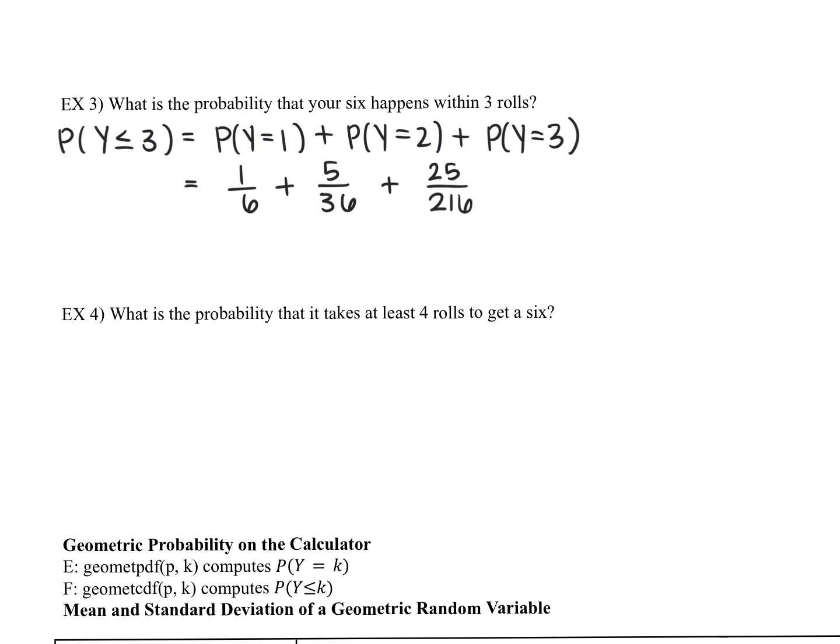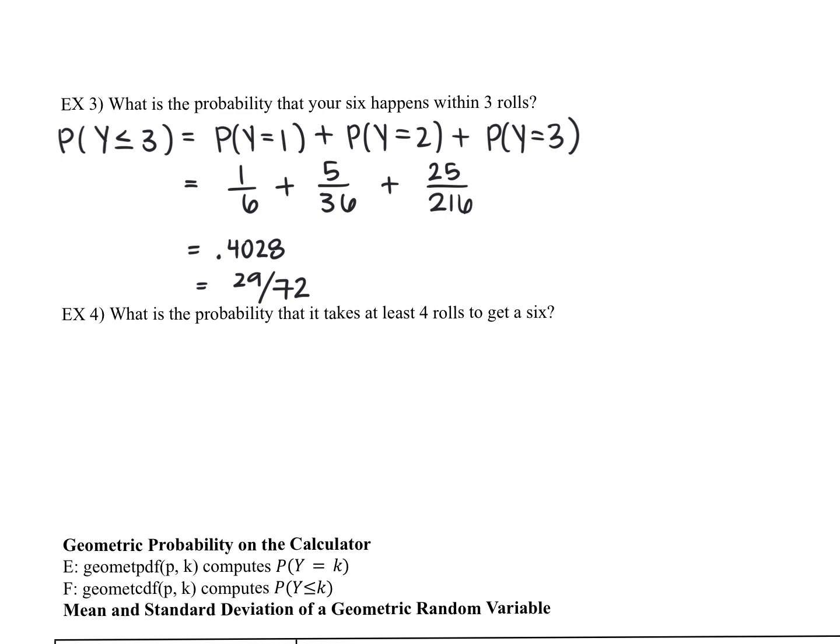So I add those all together, and we get 0.4028, or 29 over 72.